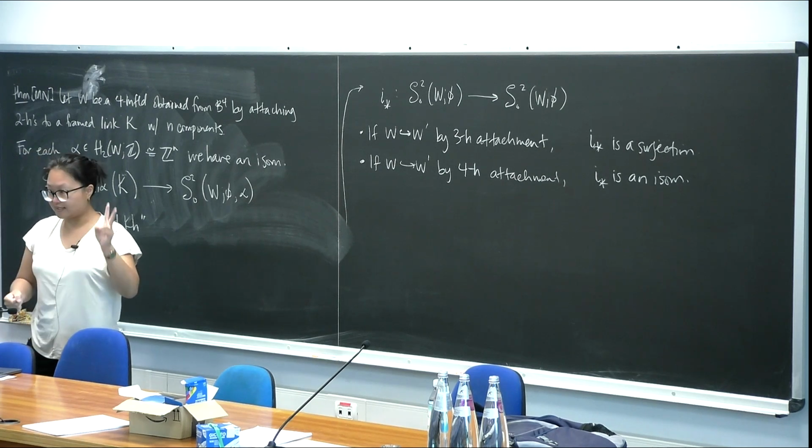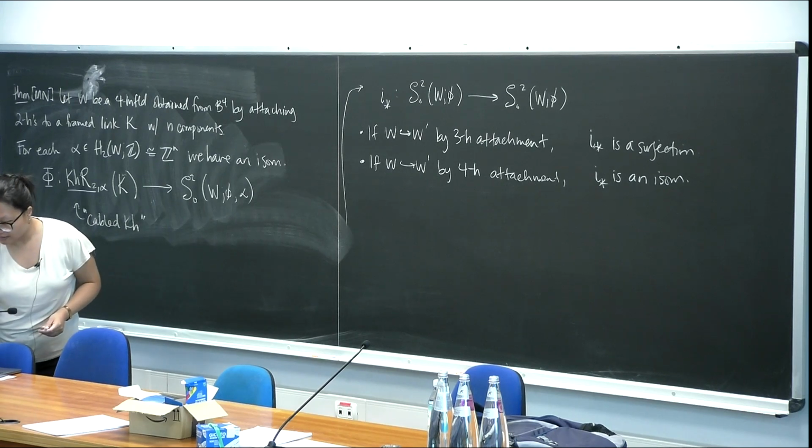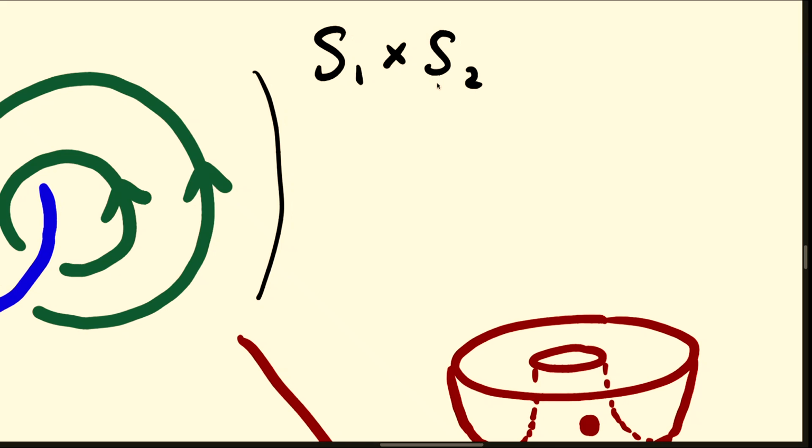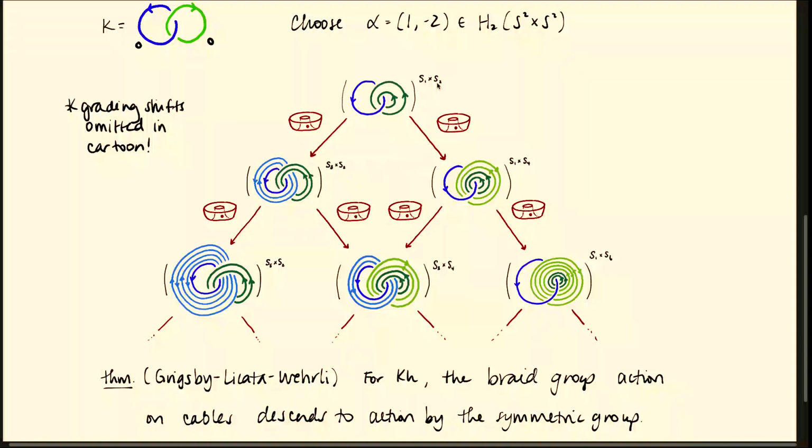That is the second part of this construction, which is the braiding action on each of the cables. Now, if you look really closely, I didn't actually write a braid group. I wrote symmetric groups acting on this. This is something special to the gl_2 homology case. For Khovanov homology, Grigsby-Licata-Wehrli showed that the braid group action actually can't tell the difference between sigma_i and sigma_i inverse. It actually descends to a symmetric group action.